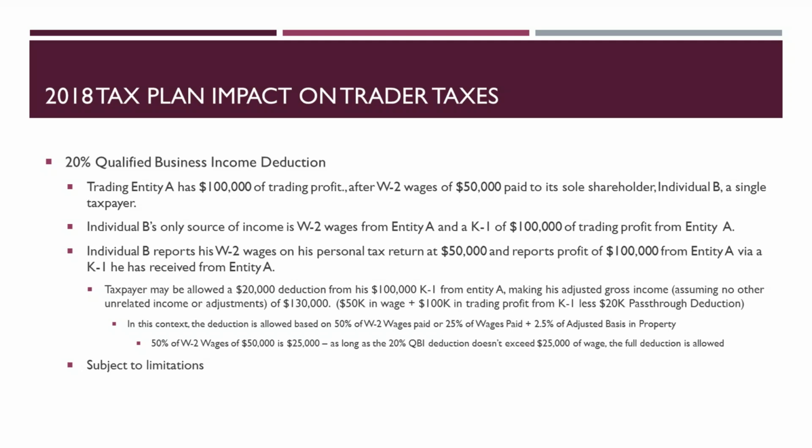We then take the 20% qualified business income deduction, which is the $20,000, and that comes from taking 20% of the $100,000 profit from trading. If the $20,000 qualified business income deduction is less than 50% of the W-2 wages, and in this case it is, then the full break is allowed.